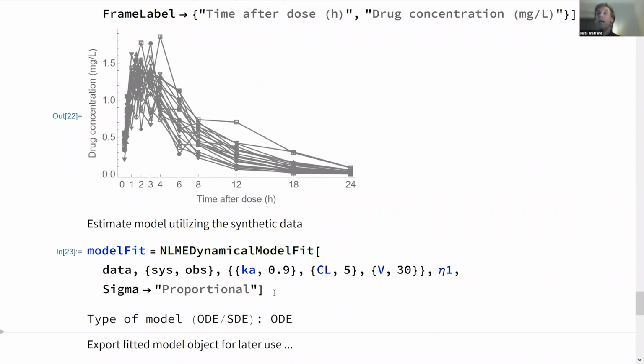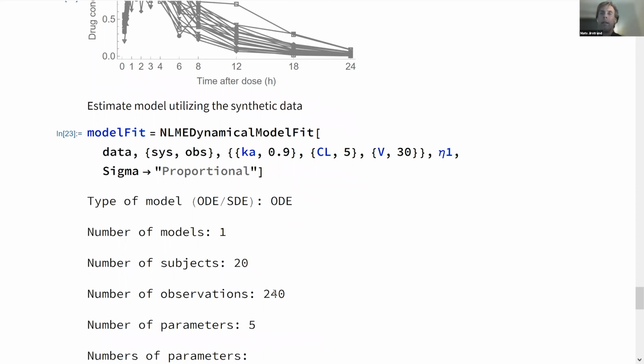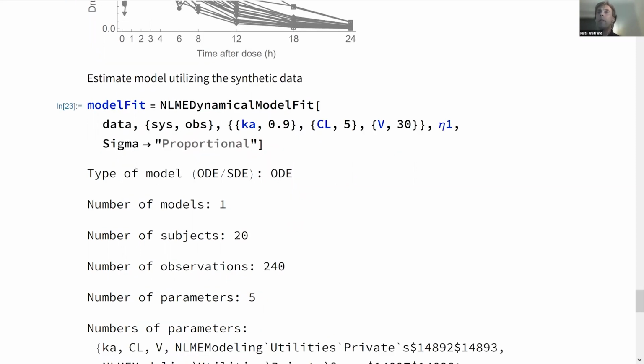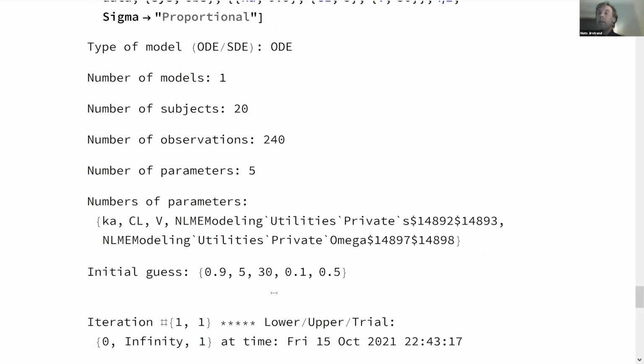So if we start this now, it's going into parallel mode. I have a quite low-end laptop with only 2 kernels, but still it goes into parallel mode, and then it spits out some intermediate results while it's estimating, so that you can see that something happens and in what iteration you are.